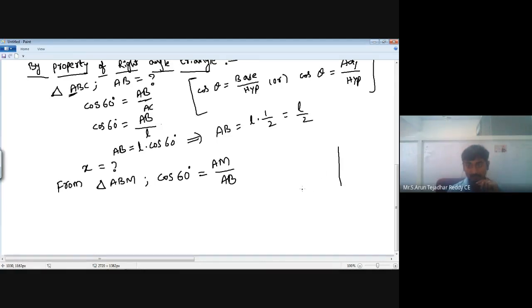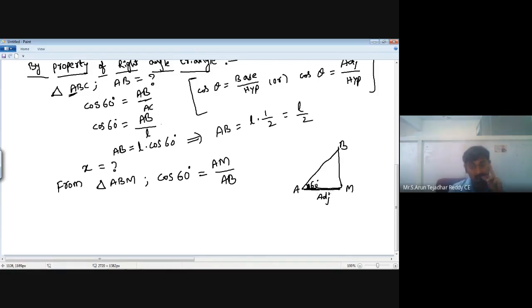See how the variations of angle here, that you need to understand. In this diagram, suppose your angle is at A. Wherever your angle is, we should call that the adjacent.